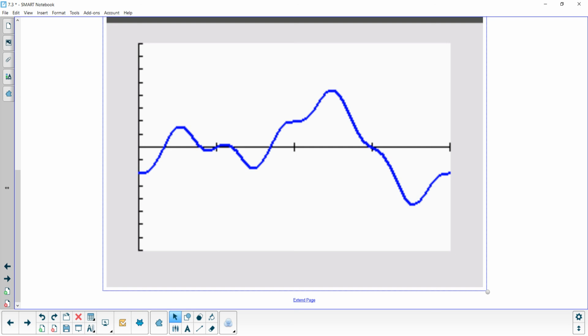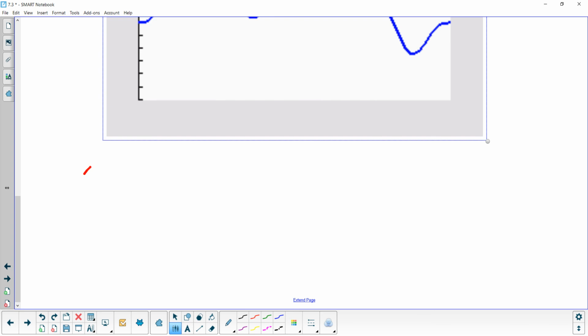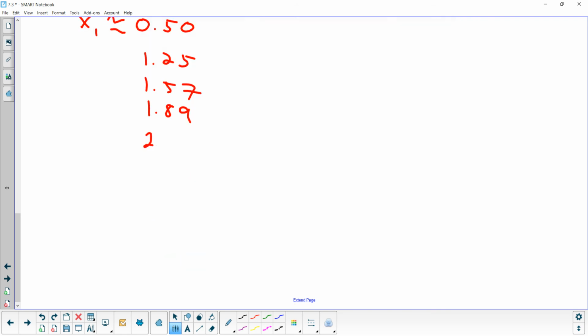The answers that we're going to get are 0.5, 1.25, 1.57, 1.89, 2.65, and 4.71.